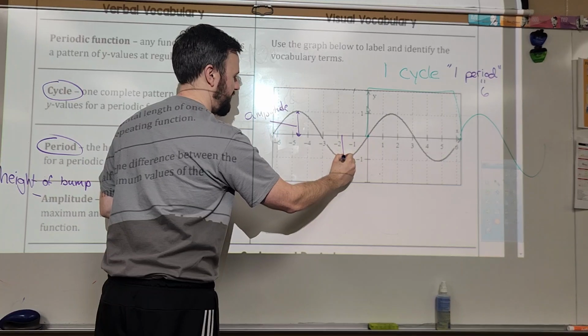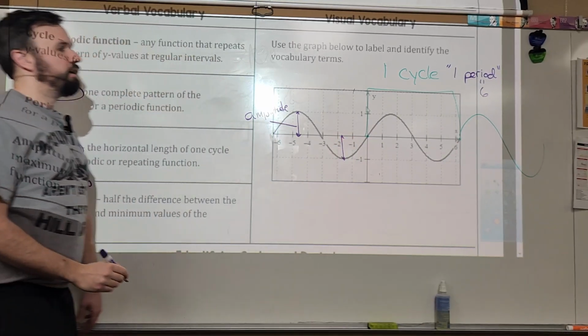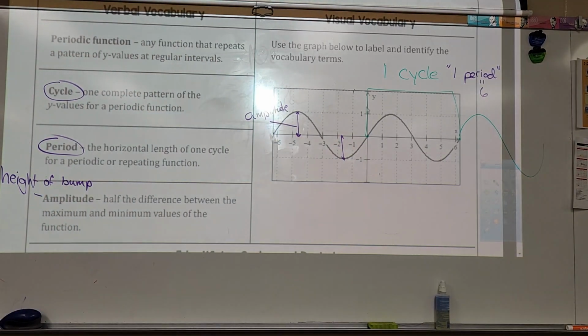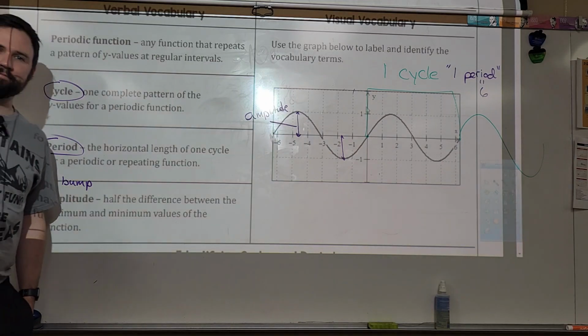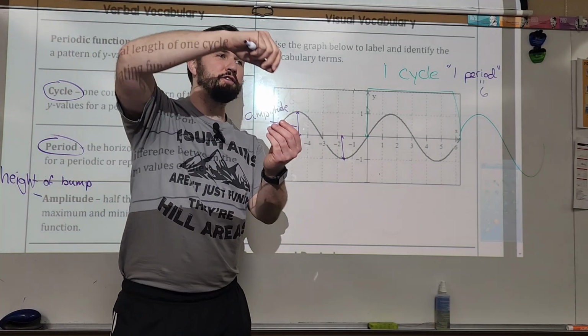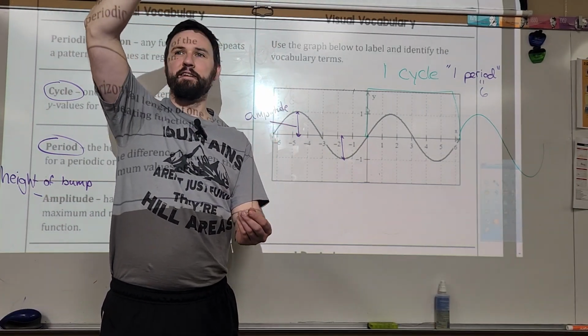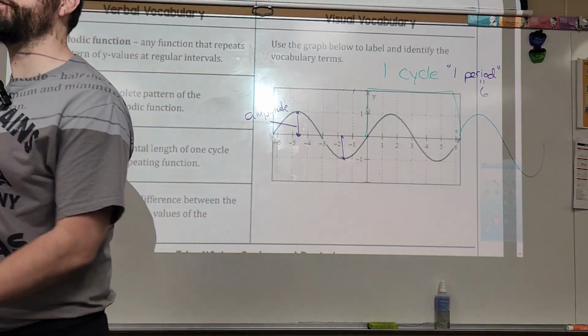From here to here is my amplitude. So where have I heard the term amplitude before? Sound, right? How does sound travel? In waves. So amplitude is just how big the wave is. The bigger the wave, the louder it is.